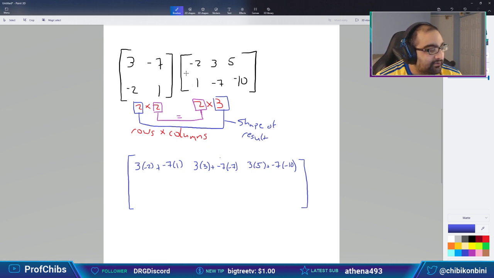Then you do the same thing: first row, second column, 3 times 3, and you add that to -7 times -7. Now what I want you to look at, specifically, Brian and everyone else, is how I wrote this out. I wrote this out intentionally, on purpose, in a very particular way.